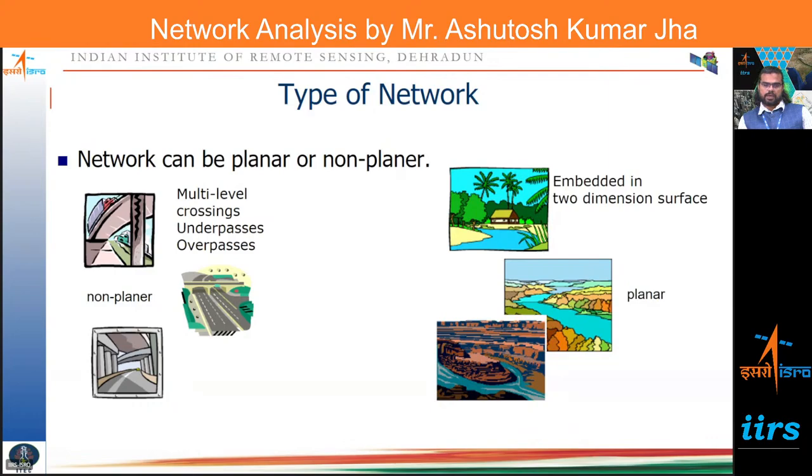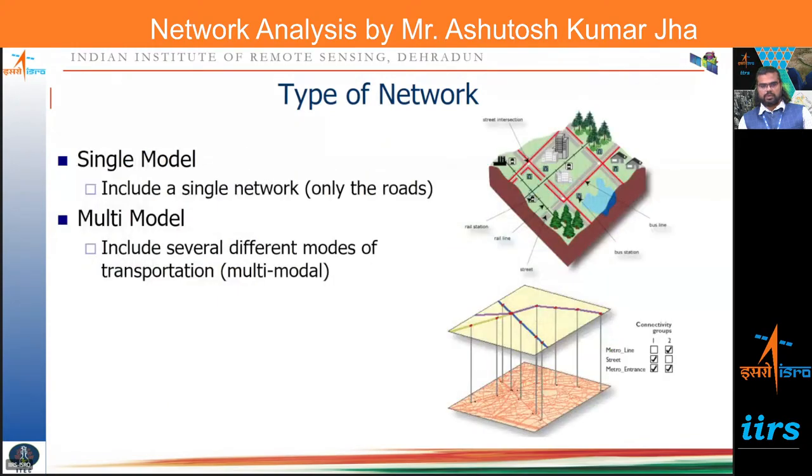In general, the planar networks are the connection of different river streams, or the drainage network is an example of planar. Most of the current transportation systems available in different cities are actually examples of non-planar networks. Then there's also another categorization of the network. If you consider just a single component in your network, then that is called single model.